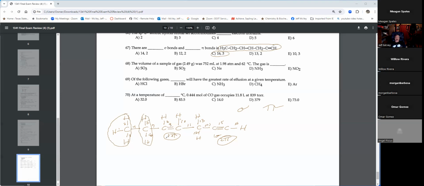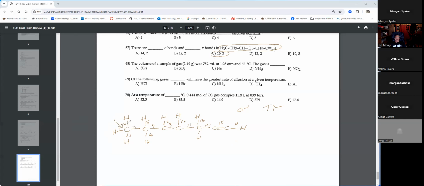Okay. Now that we've done that, let's look at it in a different way. We counted the sigmas, we counted the pi's. I want to know, what is the electron geometry around this carbon?